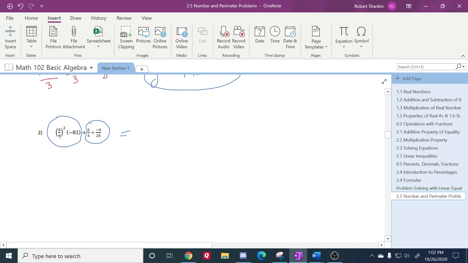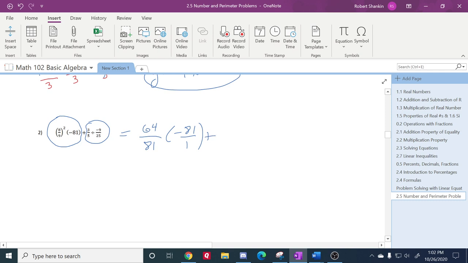In the first term, exponents come first. So that's going to be 64 over 81, because it'll be 9/8 times 8/9 times 8/9, and you just multiply them together. 8 times 8, 64, 9 times 9, 81. Now this gets multiplied by negative 81. I'm going to put that over 1.